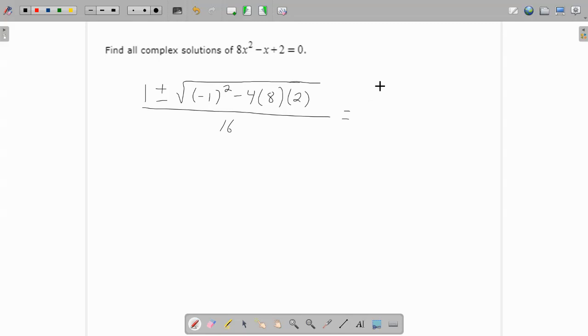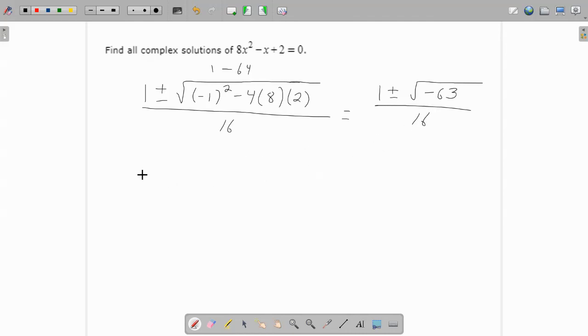So we're going to get 1 plus or minus square root. Here we get 1 minus, we get 16, 32 times 2, 64. So negative 63 over 16. Just like I promised, we're going to have a negative there.